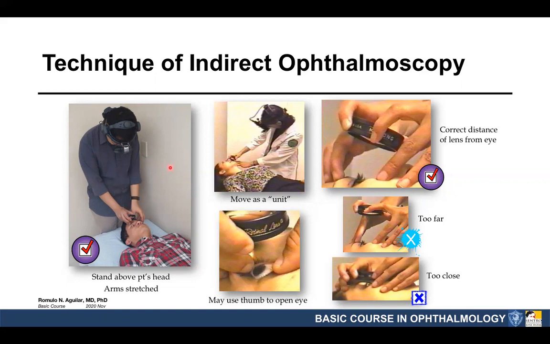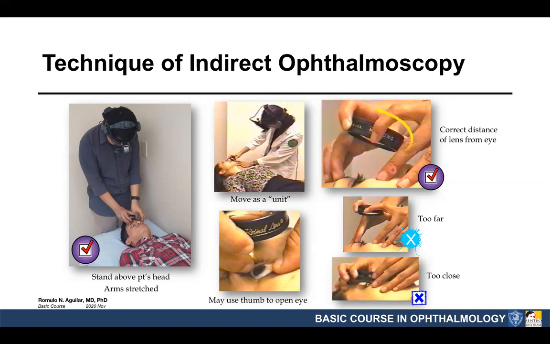When you have to move around, you maintain the stretched arm, you maintain the relationship between lens and your headpiece. You can use your thumb to open the eye. Now, the distance of the condensing lens should be just enough to focus. This is too far, and this is too near. The distance of the condensing lens would be right about this one.